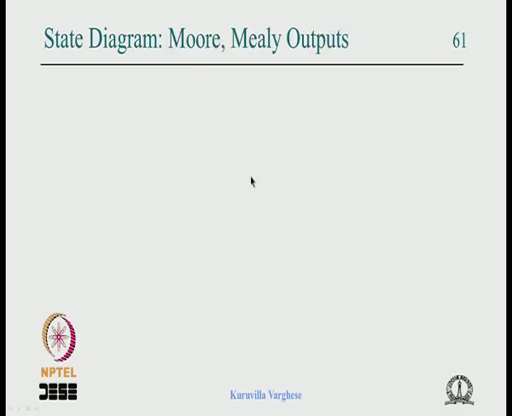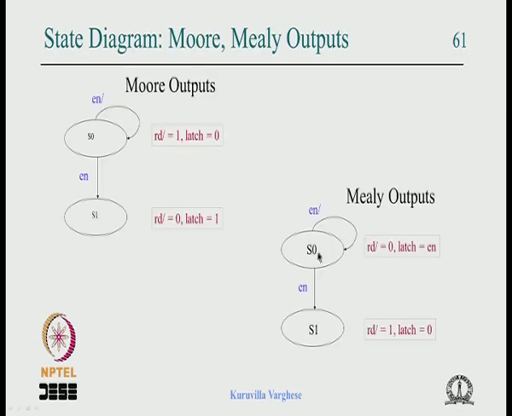So the enable in this case has to come properly, much before. So when this controller is in this state and the enable comes, during that duration the latch will be 1. So that is the meaning of it. We will see the timing of the Mealy output later, but that is how the state machine looks like, okay.